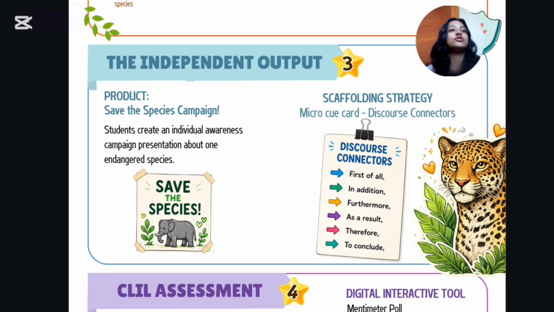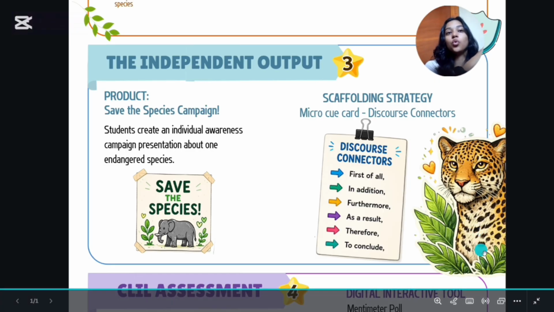For them to succeed in this activity, we implemented the scaffolding strategy of micro cue cards presenting discourse connectors such as first of all, in addition, furthermore, as a result, therefore, and to conclude.